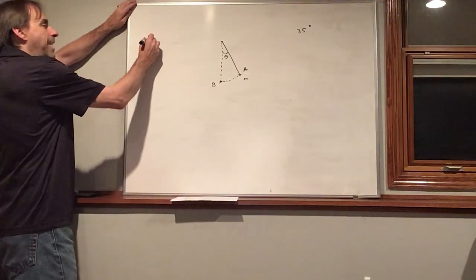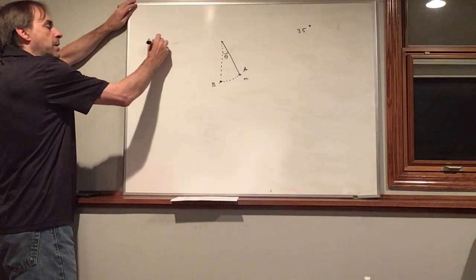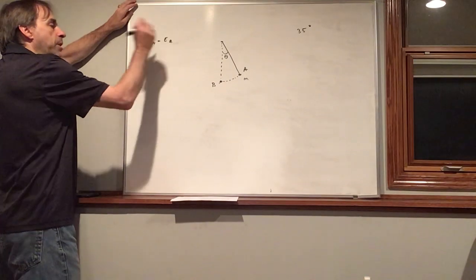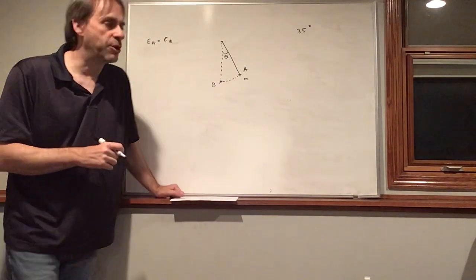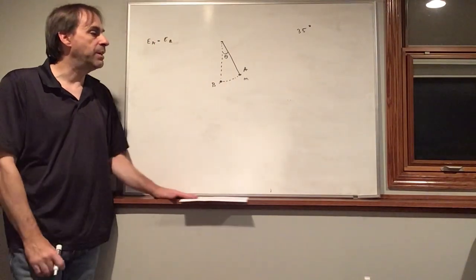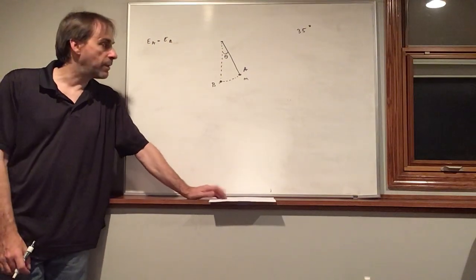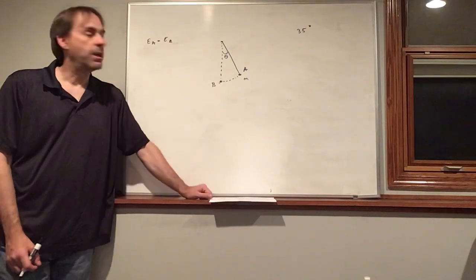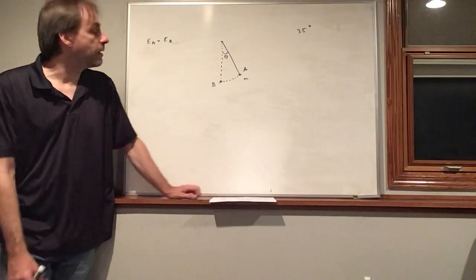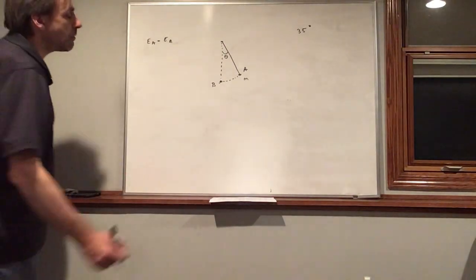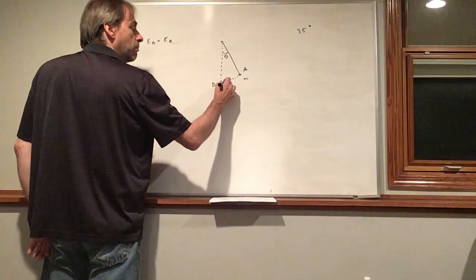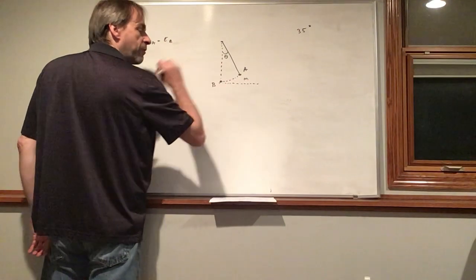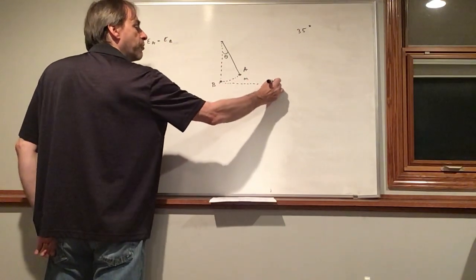And so we can say the energy at point A is equal to the energy at point B. We're going to assume that mechanical energy is conserved here. In reality, there could be friction, but let's just ignore that. So, we have gravitational potential energy.